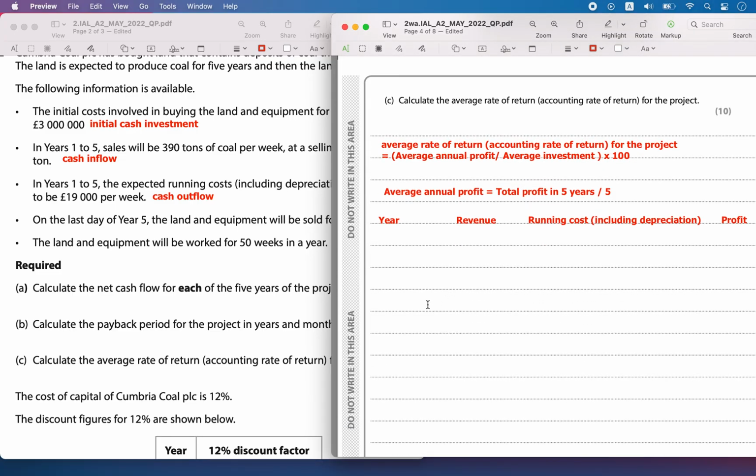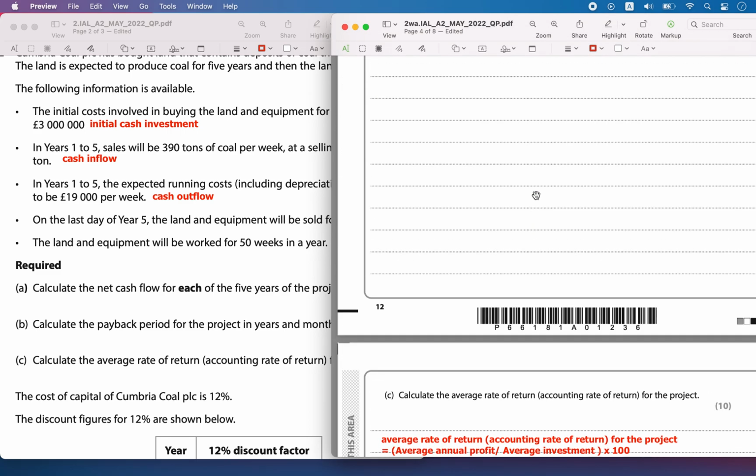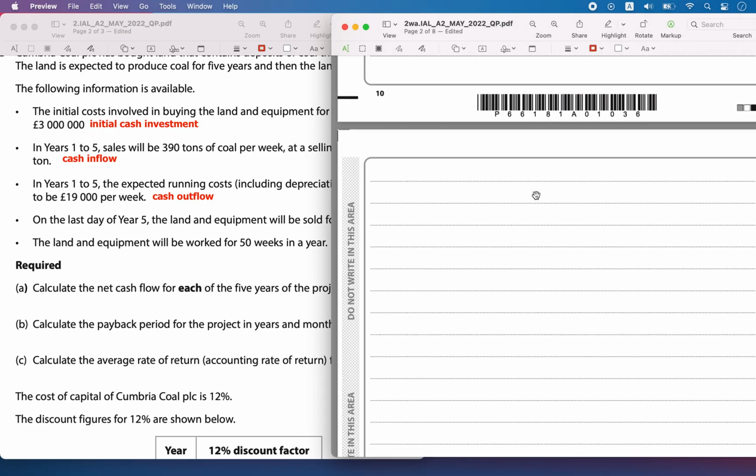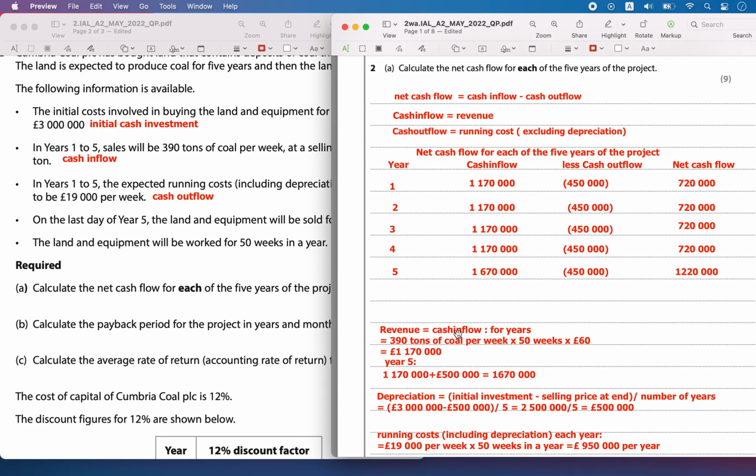For the 5 years, you start from year 1, calculate the profit earned, then calculate the total profit and divide it over 5 years. We know that each year the revenue is going to be the same, that is 1,170,000.